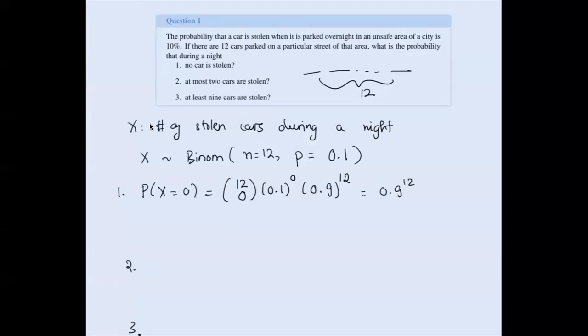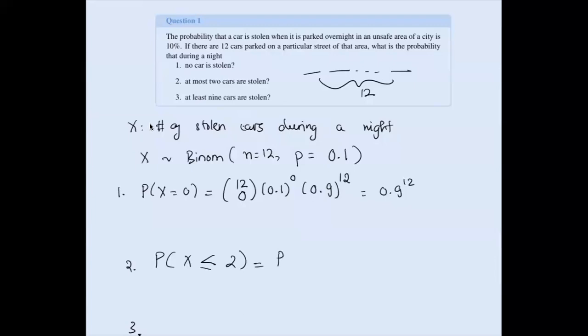For part 2, we want at most 2 cars to be stolen. At most 2 means less than or equal to 2. The number of cars that got stolen cannot be a negative number, right? Because when you start counting, the minimum number of objects that you can count is 0.